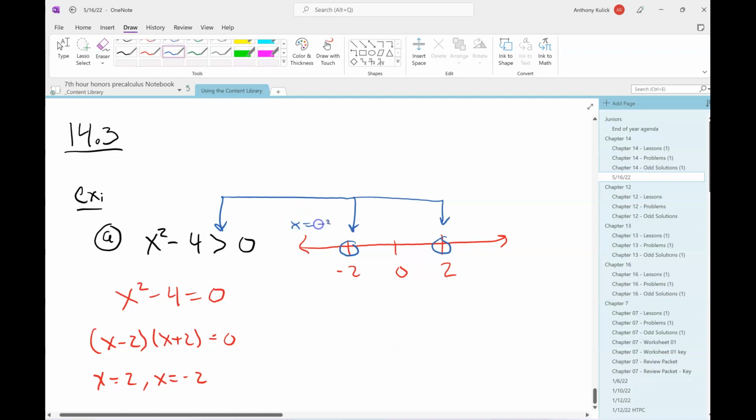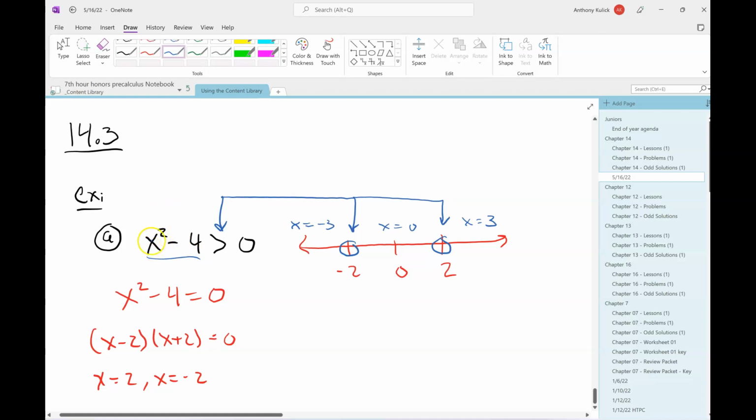And now I'm just going to take a test value from each of those 3 sections. It doesn't really matter what the value I pick is, just as long as it's from that section of the graph. And then I'm going to plug it back in and see what kind of value I get.